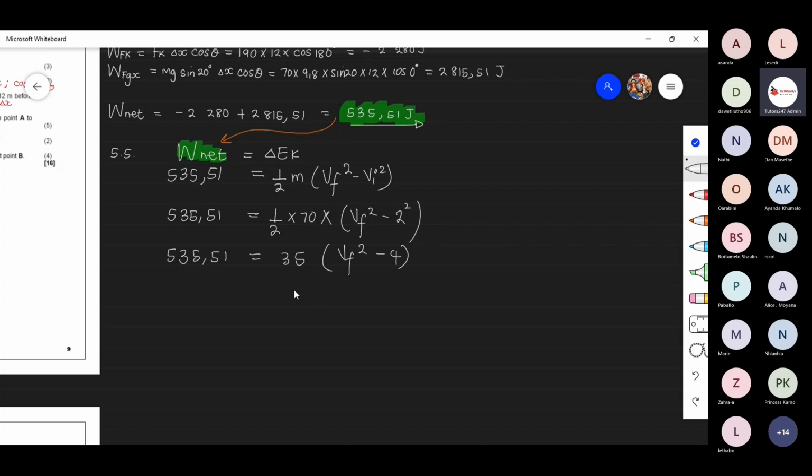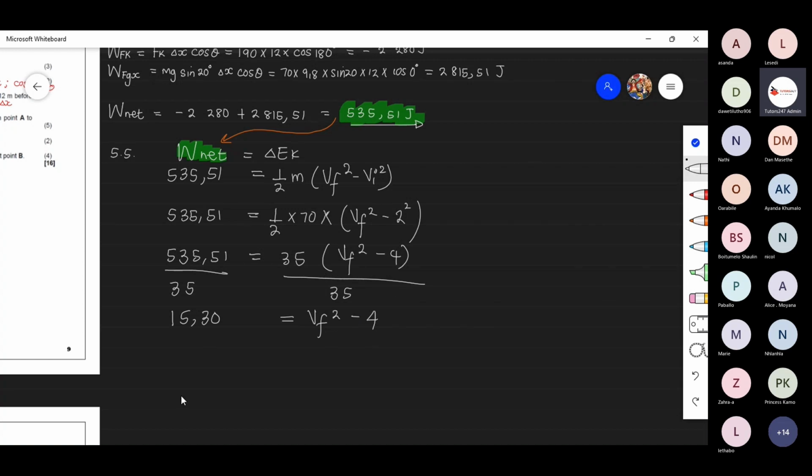From this point, we can divide both sides by 35, and that gives us 15,3. So this is 15,3 equals Vf squared minus 4.